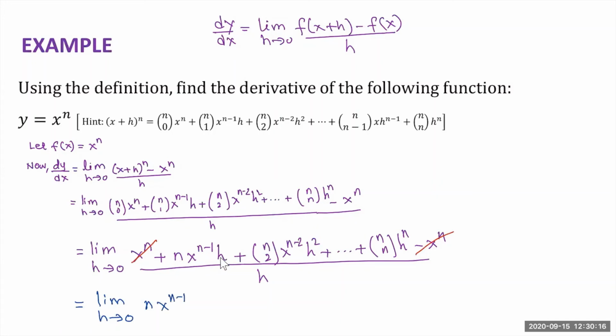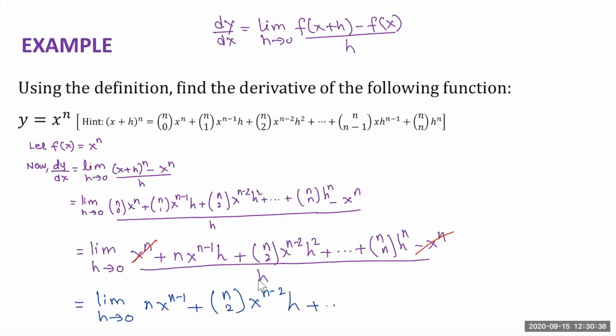Then here is an h divided by h. That's a 1. So just that much. Plus you have n2 x raised to n minus 2. And here we have h squared. There is h squared divided by h, which is just h.